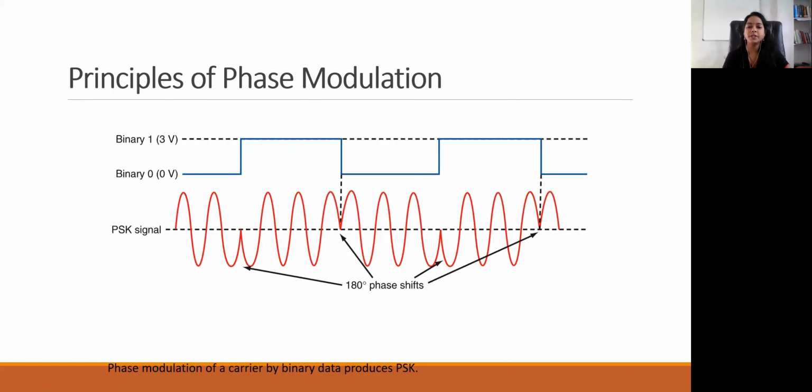So here the principle of phase modulation I have shown you. It is very clear from a digital waveform, that's why I have shown you this picture, that here as the signal changes from 0 to 1, the phase is also changing from 0 to 180 degrees. 180 degrees is the total phase shift.